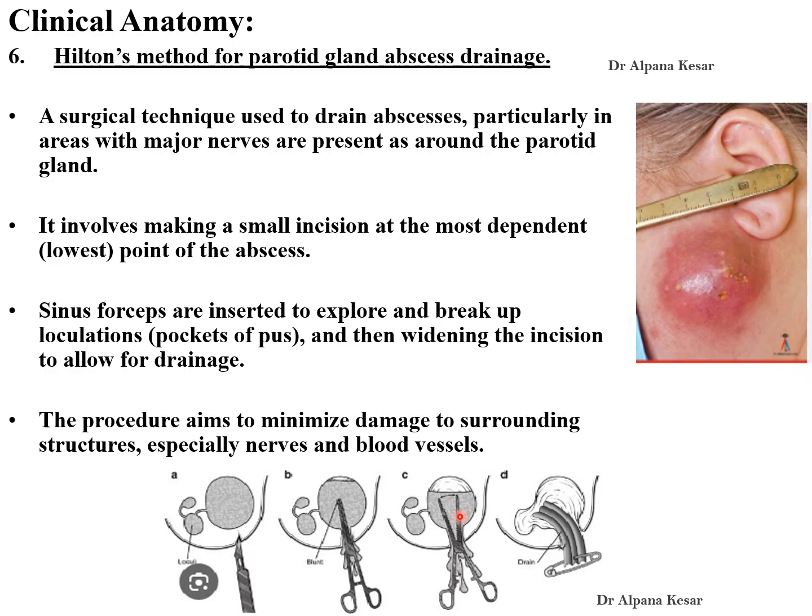The incision is slightly widened with the help of the sinus forceps, and then the abscess is allowed to drain. This helps to minimize the damage to the surrounding structures, especially the nerves and the blood vessels.